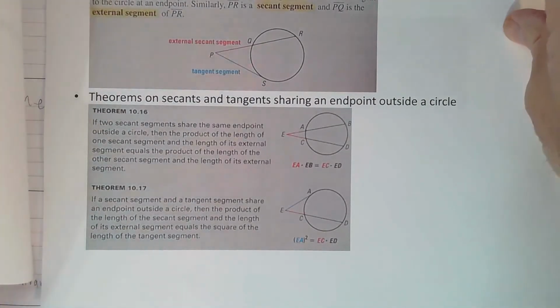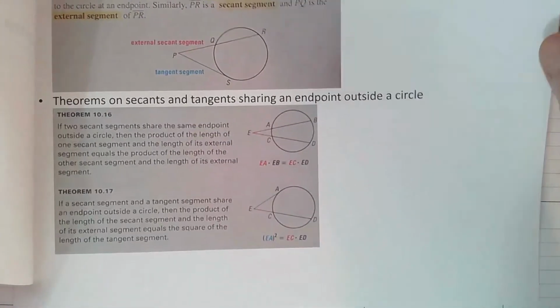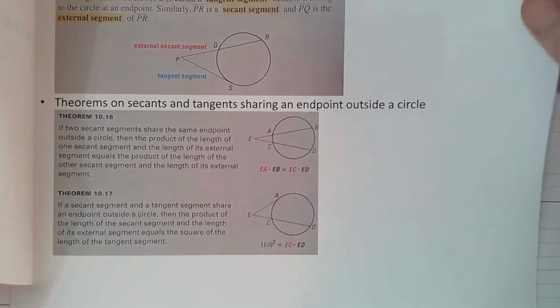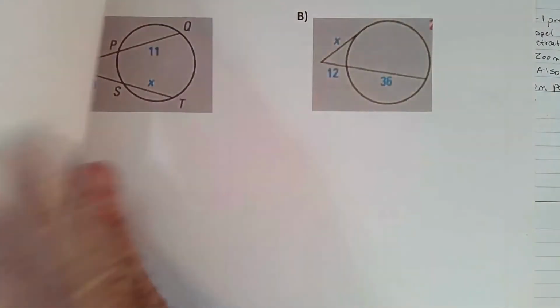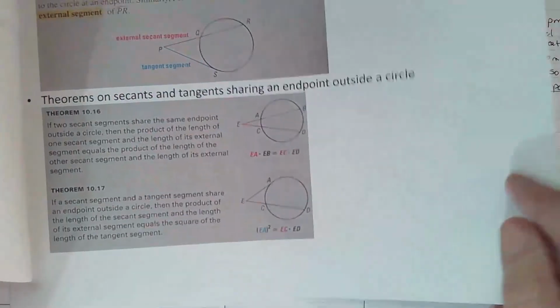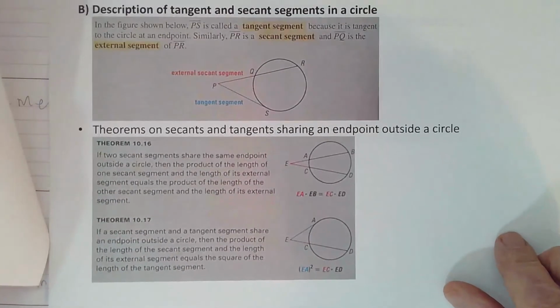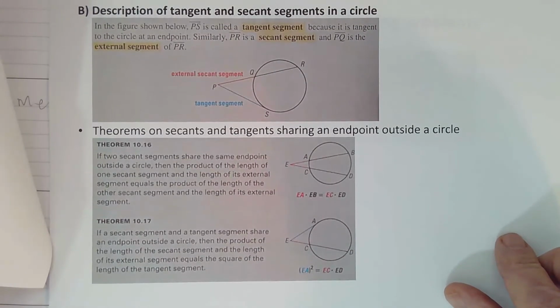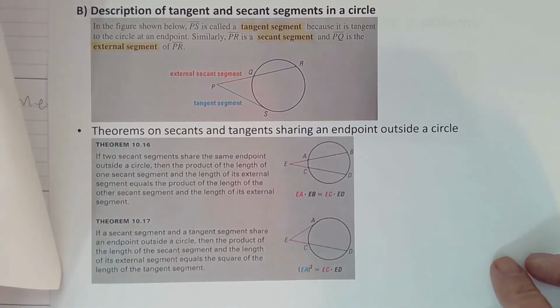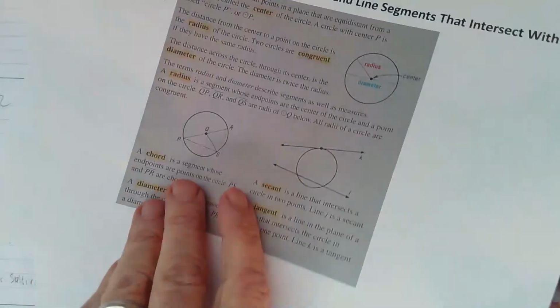So if you get to this slide, we're almost nearly done. There are a couple of examples at the end. So you might want to stop or pick it up here at this slide. So this is the third or the fourth slide where we were looking at the description of tangents and secant segments and the theorems.